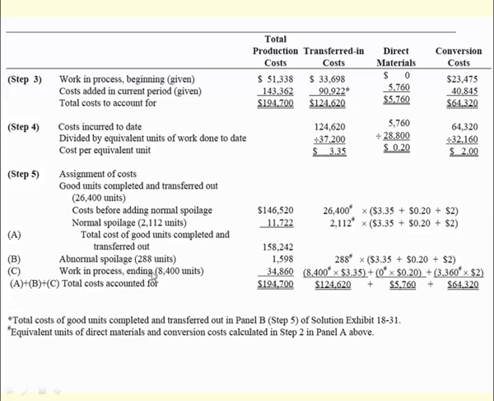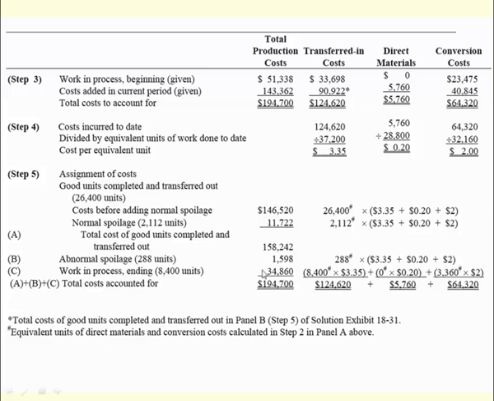Finally, work in process ending, 8,400 units. First multiply 3.35 for transfer in costs, 0 for direct materials, as we said before, because direct materials are added at the end of the process, and conversion costs only for 3,360 units multiplied by 2, which equals 34,860.